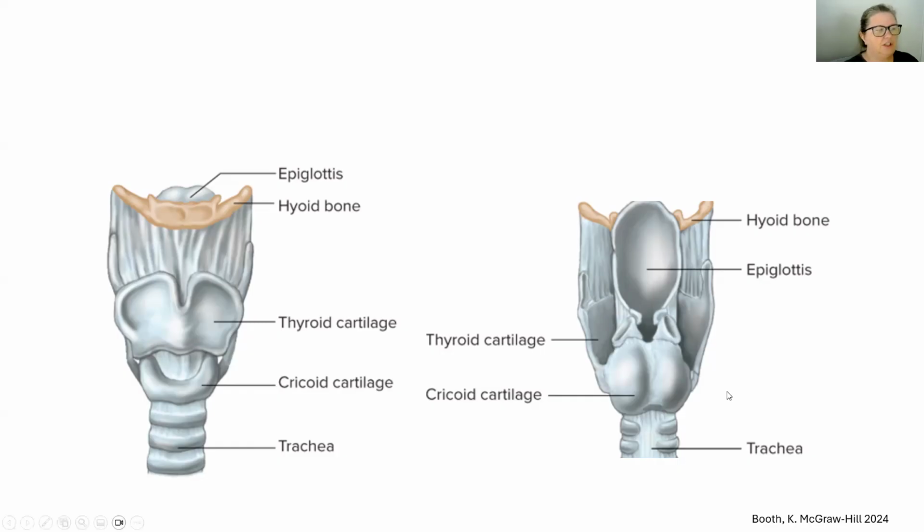However, if we look at the posterior view here, you'll notice the rings don't go all the way around the trachea. They're almost like C-shaped rings. And here's why. What sits directly behind the trachea is the esophagus. And if the rings continued all the way around the trachea, it would be difficult, when we were swallowing food or liquid, for the esophagus to expand enough to allow some of those things to go down.